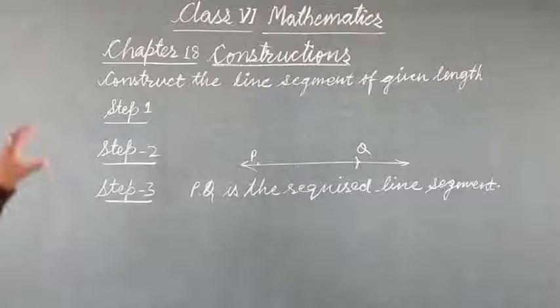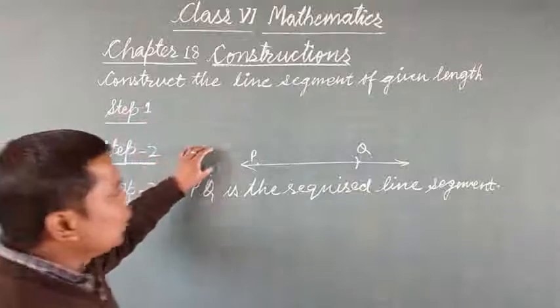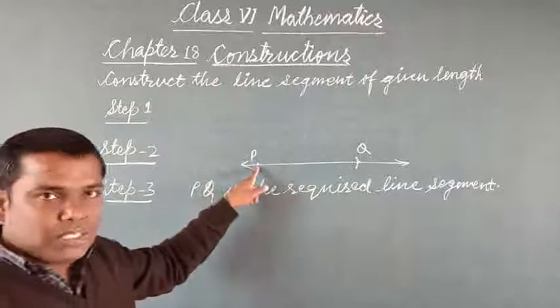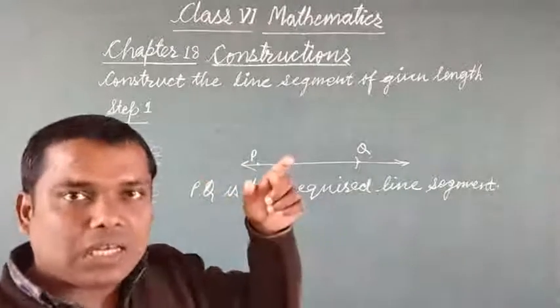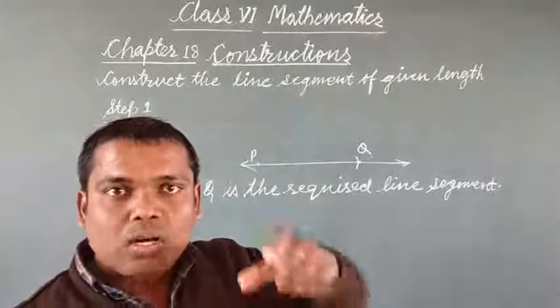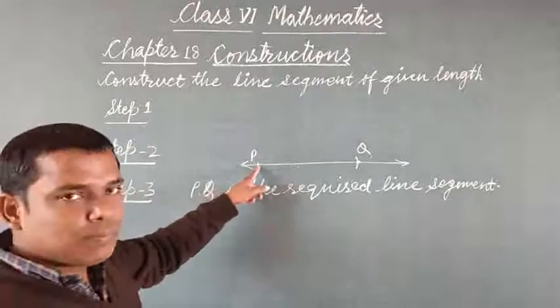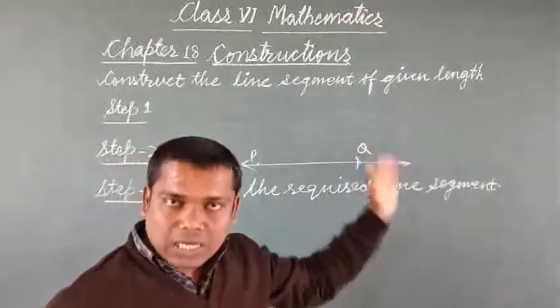Okay. You have to write the steps also. In the first step you will write: draw a line. In the second step, mark point P on the line and measure the length of the line segment given on the ruler with the compass. Take the metallic end of the compass on point P and mark an arc on the line.